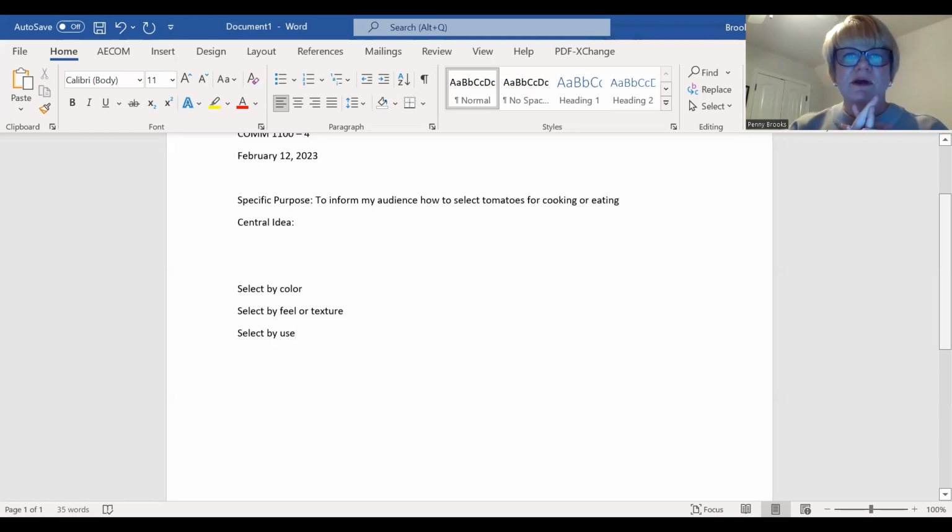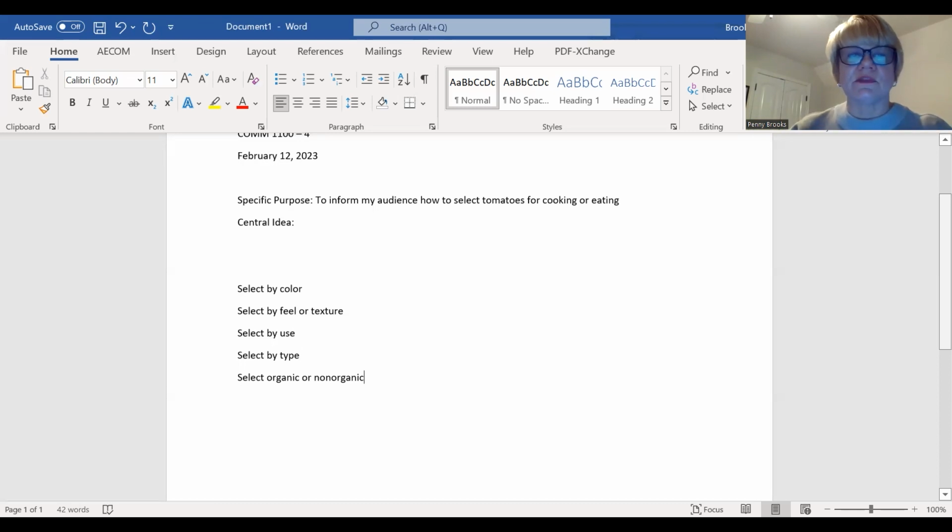So if I'm going to make a sauce, I choose one tomato. I wonder if I have select by type, and then I can select by organic or non-organic. Some people do prefer organic, but honestly, that's not a big thing.